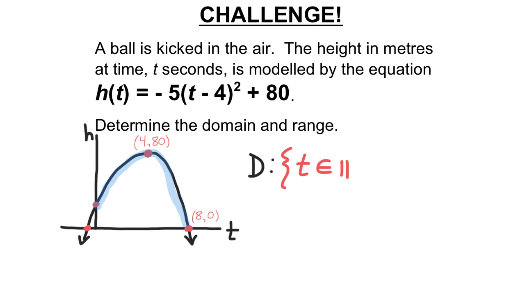Time is an element of any real number. Now, the lowest it can be is 0. The highest it can be is 8. And t can be any number in between. It's greater than or equal to 0. It's less than or equal to 8. And that's how you can write the domain for this function.